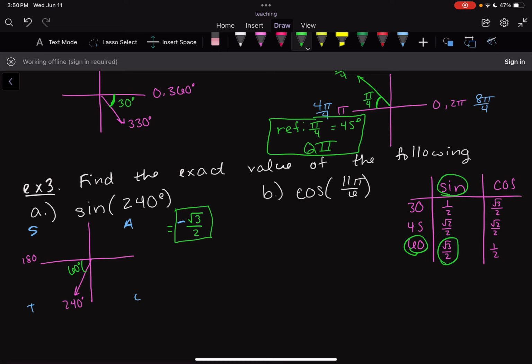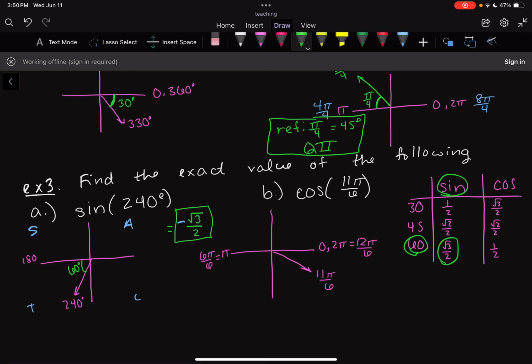Cosine of 11 pi over 6. We said that that was in quadrant 4, because this is 0 or 2 pi, which can be written as 12 pi over 6. This is pi, which would be 6 pi over 6. So 11 pi over 6 is in quadrant 4.